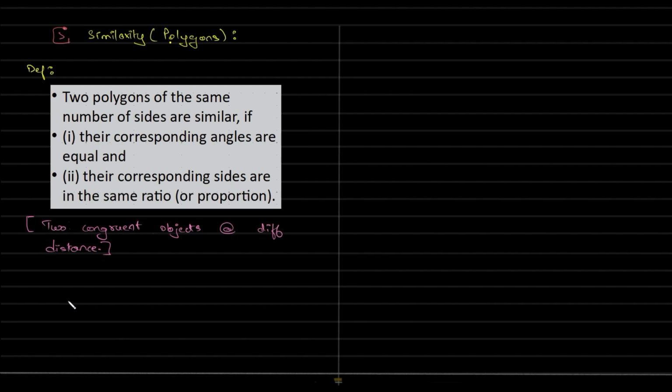If you take a pentagon, then compare with a pentagon, hexagon with hexagon, octagon, whatever it is. Square or rectangle, whatever it is, you have to compare with their respective kind. The number of sides has to be the same. So it comes from the same family, I guess. Let me give an example.